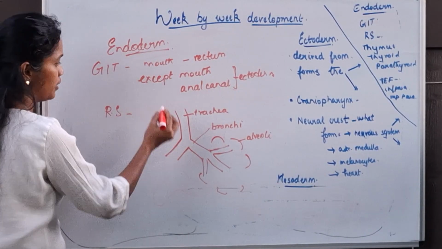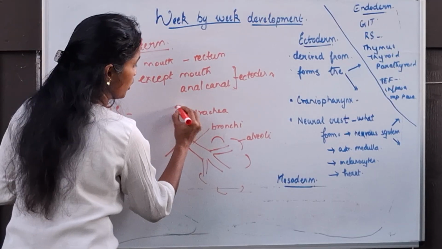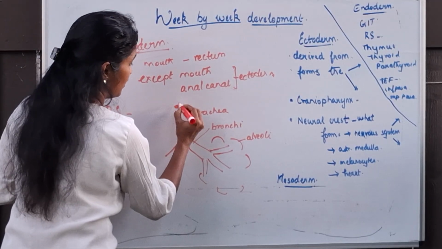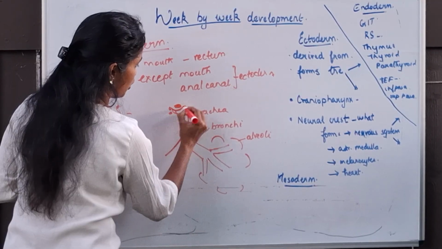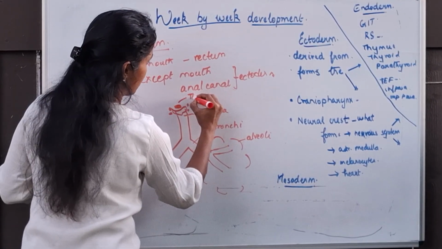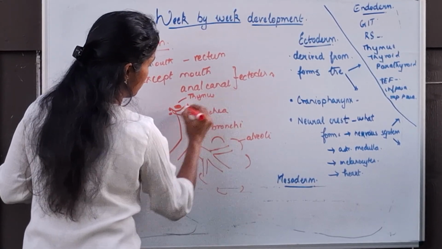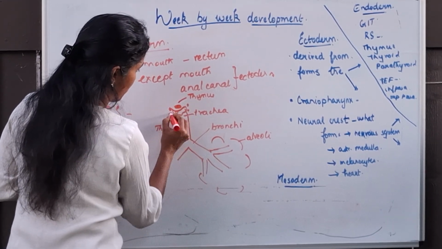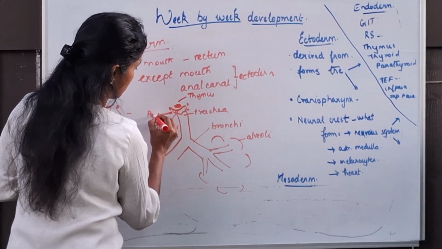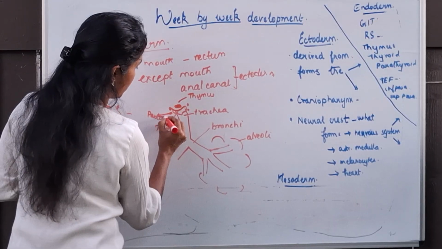In addition to it, the thymus, the thyroid, as well as the parathyroid glands. Thymus, I will repeat it, thyroid, the parathyroid glands, are all arising from the endoderm.